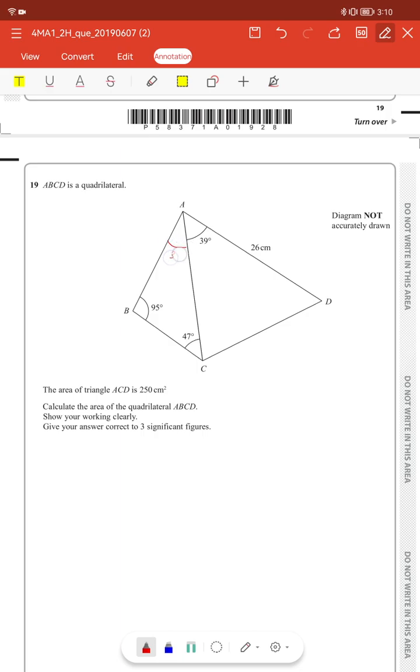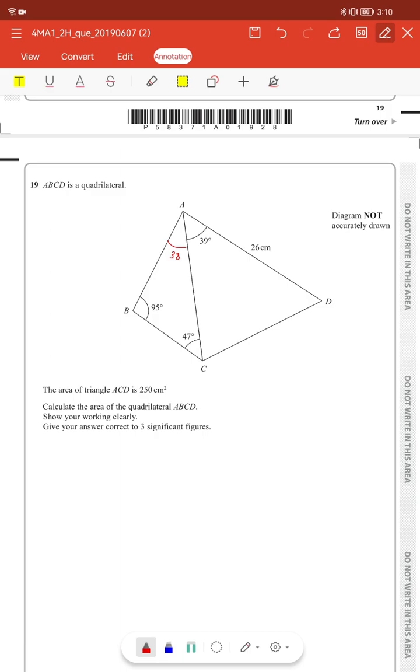So if this angle is 38, we already have that. And by using that, we want to see if we can find any of the other lengths. So we want to think about, well, what angles do we have?